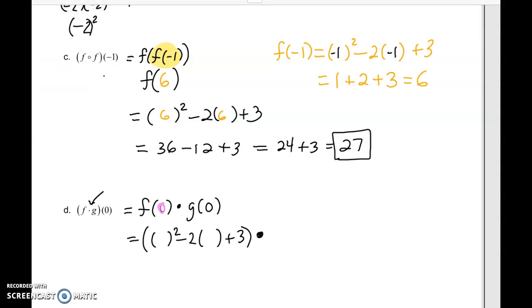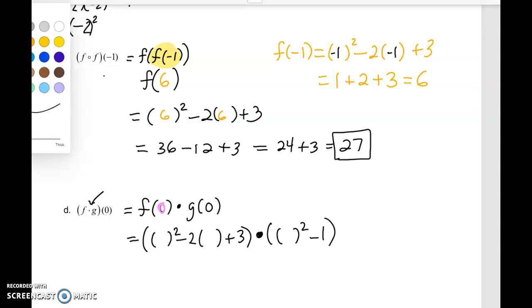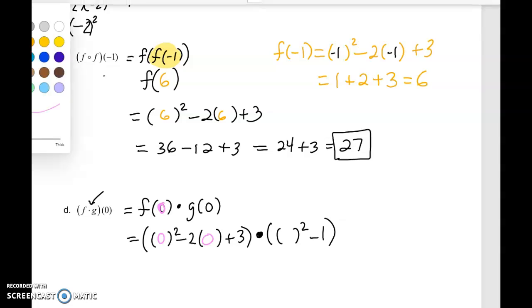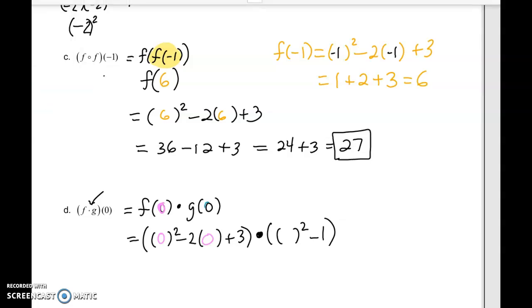And the function g was x squared minus 1. So here let's input 0 into function f, and let's input 0 into function g.